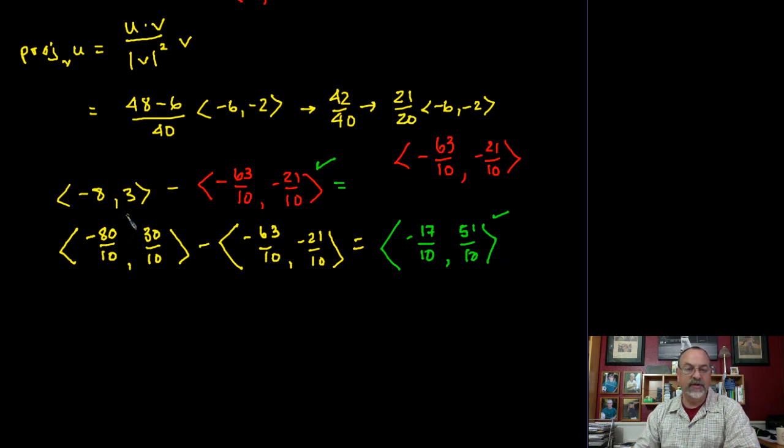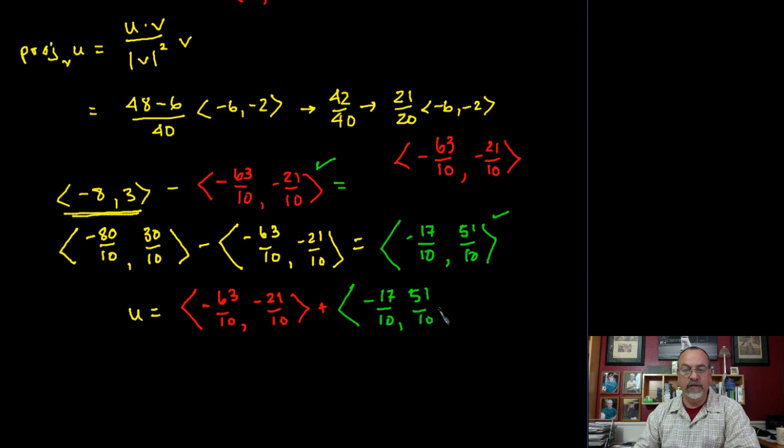Those two added together should equal my original vector of negative 8, 3. So my original vector of negative 8, 3 should be equal to the projection vector of negative 63 over 10, negative 21 over 10, plus its perpendicular or orthogonal vector of negative 17 over 10 and then 51 over 10.